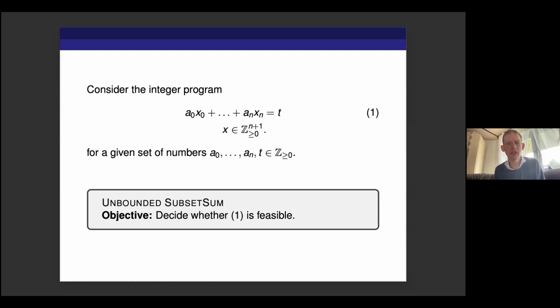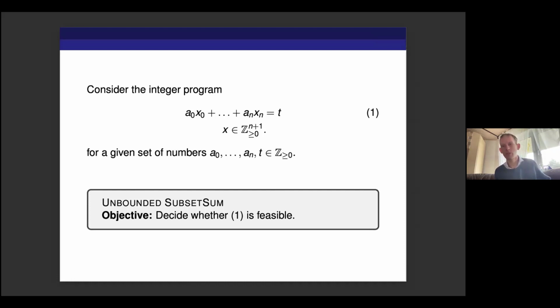So essentially we are given item sizes. We call them A0 to AN, and we assume that they are sorted. So A0 is the smallest item size, AN is the largest item size, and we call the right-hand side the target T. Then the unbounded SubsetSum problem is simply to decide whether the integer program is feasible.